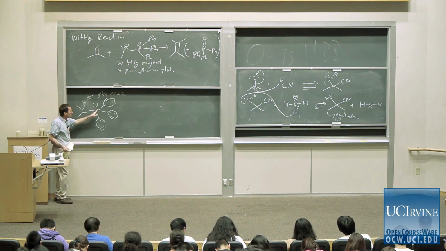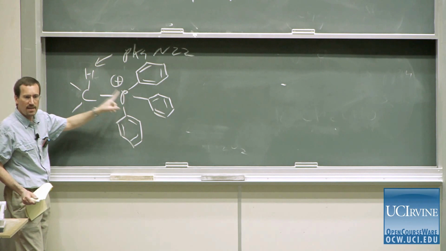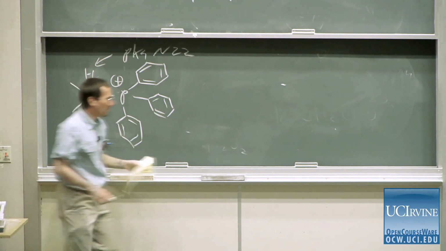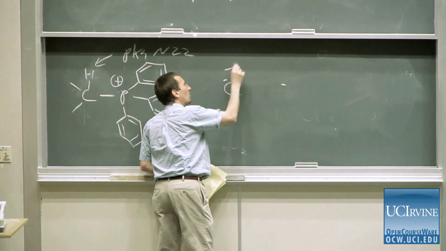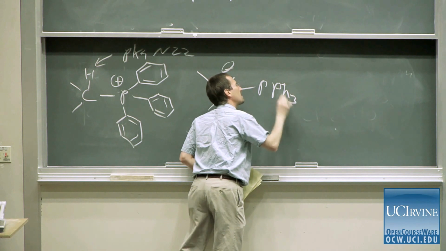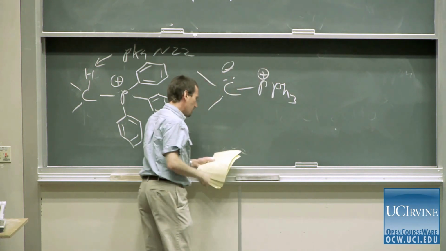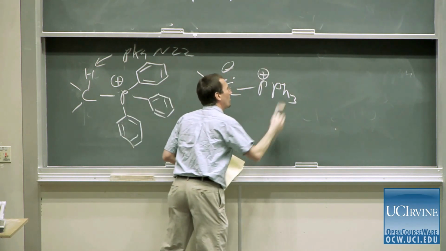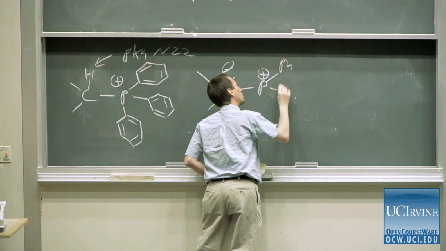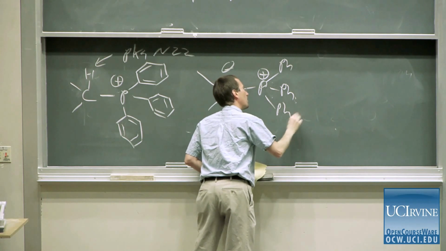And there are two things that are super stabilizing about this phosphorus. One thing that's stabilizing about the phosphorus is, of course, that you have the negative charge next to a positive charge. The other thing, and I'll write out my phenyls explicitly for a moment here, Ph, Ph, Ph.